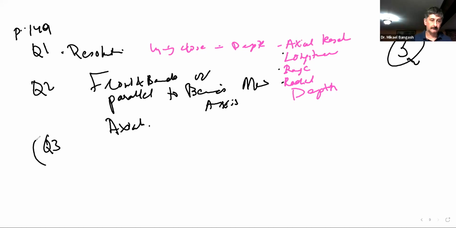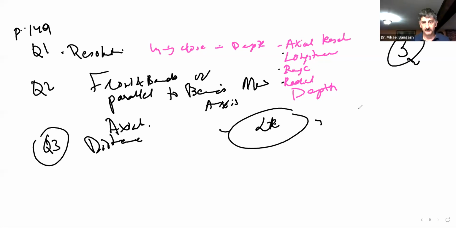Question number 3. Now, axial resolution is measured with the unit of distance. Not just axial resolution, even when we talk on Monday about lateral resolution, you will see that that's also going to be measured in a unit of distance, which is going to be the same: centimeter, millimeters, micrometers, whichever.